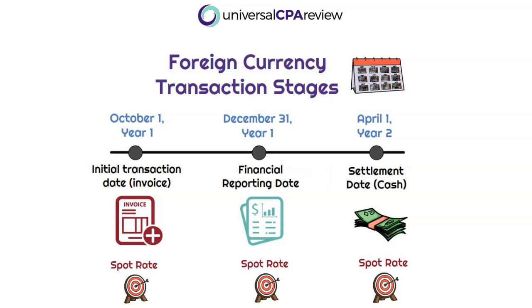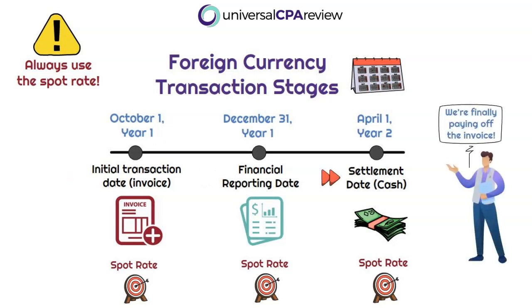So there's really three dates that we need to factor in, and every time we figure out the change in the spot rate, that's going to result in a gain or loss. So hopefully this makes sense. The key point here is that foreign currency transactions always occur with unaffiliated third parties. We use the spot rate to record the initial invoice, what the invoice would be worth as of the financial reporting date, and then when we actually settle that invoice with cash.